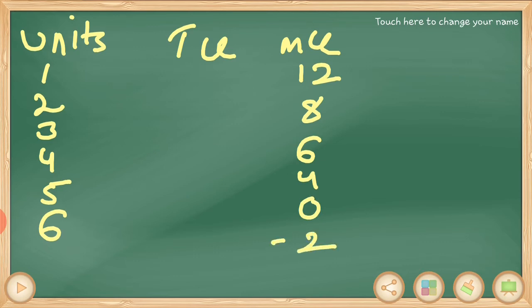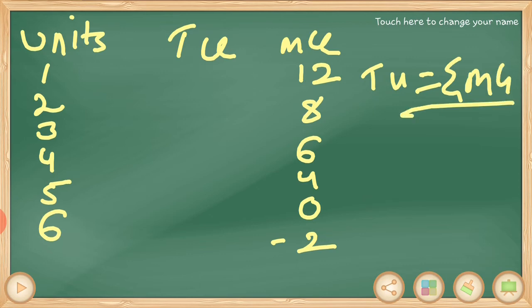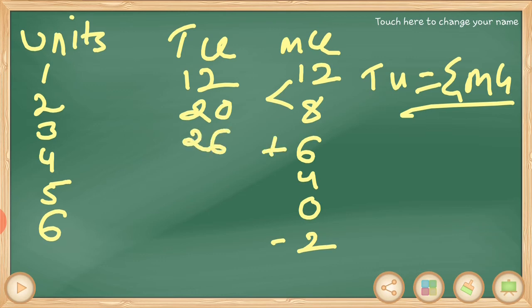So how to calculate total utility? Summation of MU. Okay, so first remains the same, 12 plus 8, 20, plus 6, 26, plus 4, 30.